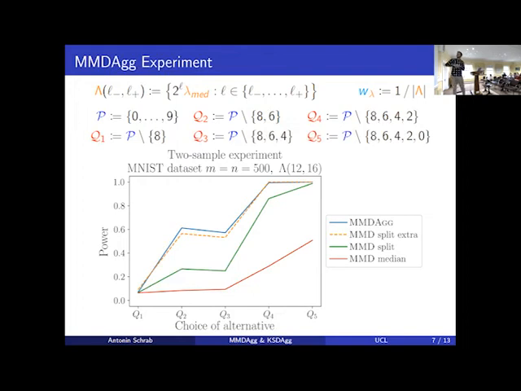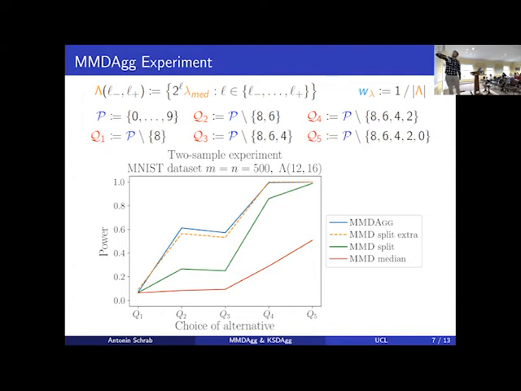The 4 different tests we consider are our aggregated test, the test that uses the median heuristic that I talked about at the beginning, the test that splits the data in 2 halves and chooses the bandwidth on 1 and runs a test on the remaining data.